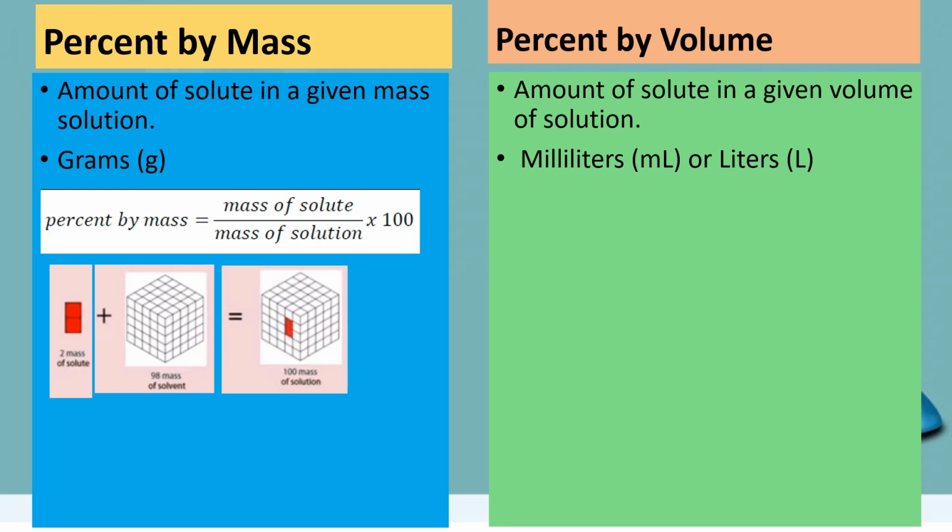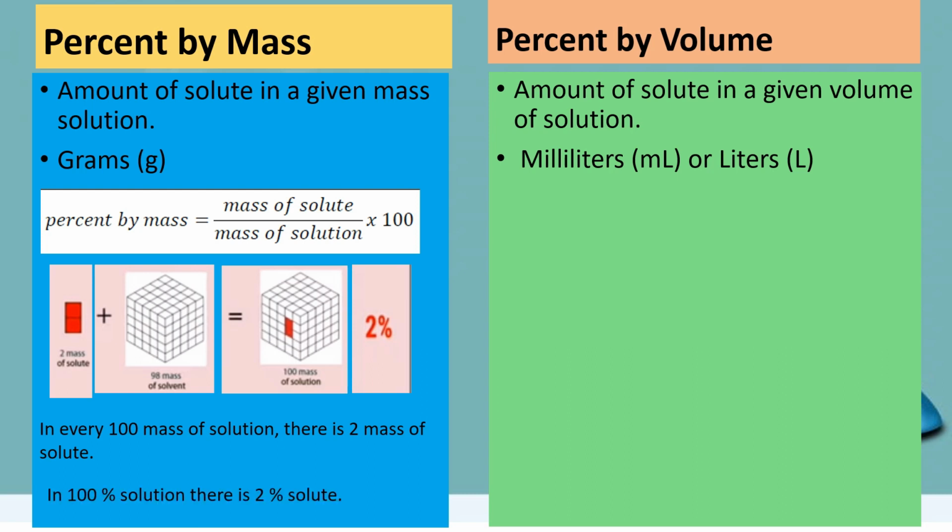The amount of solute in this example is 2 mass in a total of 100 mass of solution. Therefore, the concentration of the solution is 2%. Thus, in every 100 mass of solution, there is 2 mass of solute, or in 100% solution, there is 2% solute.